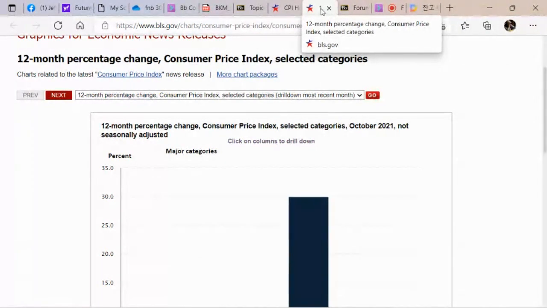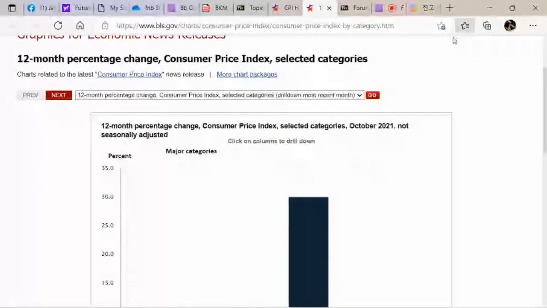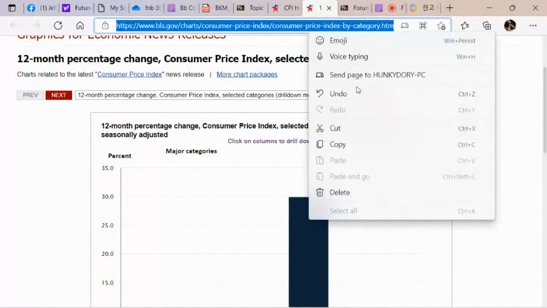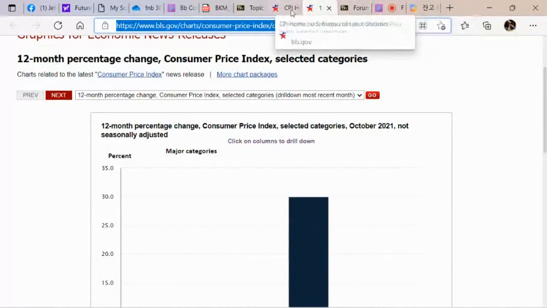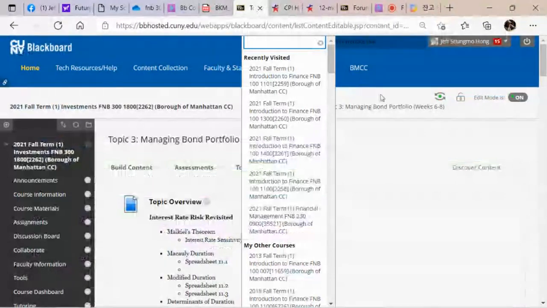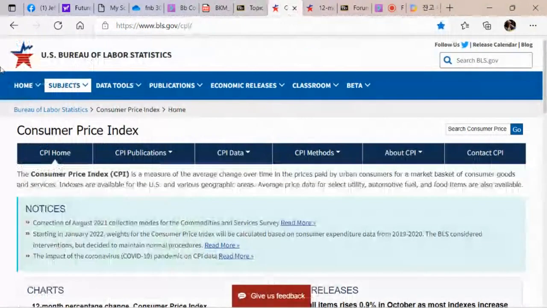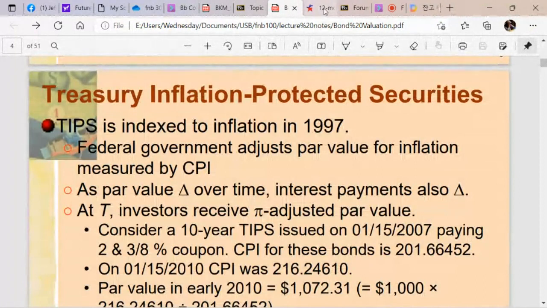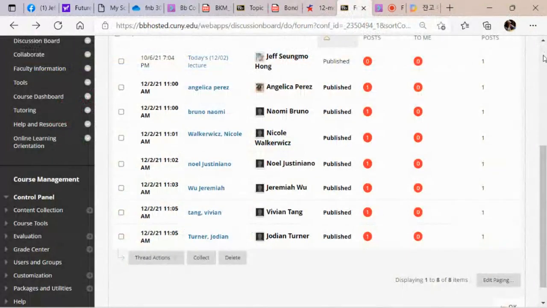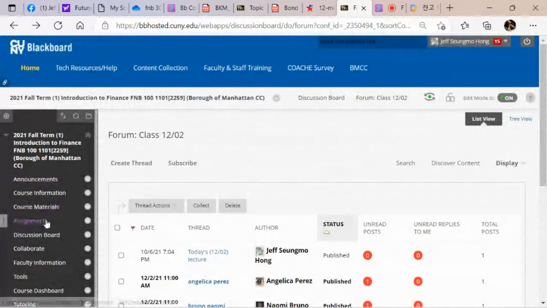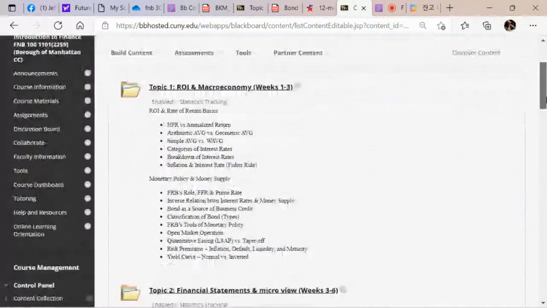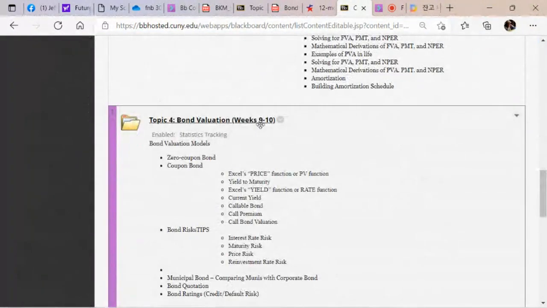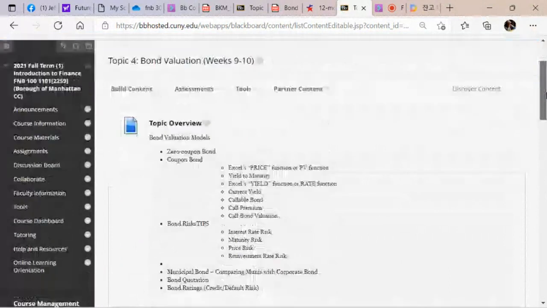Where was I? I think I better copy that link, and put a link there, in bond valuation.